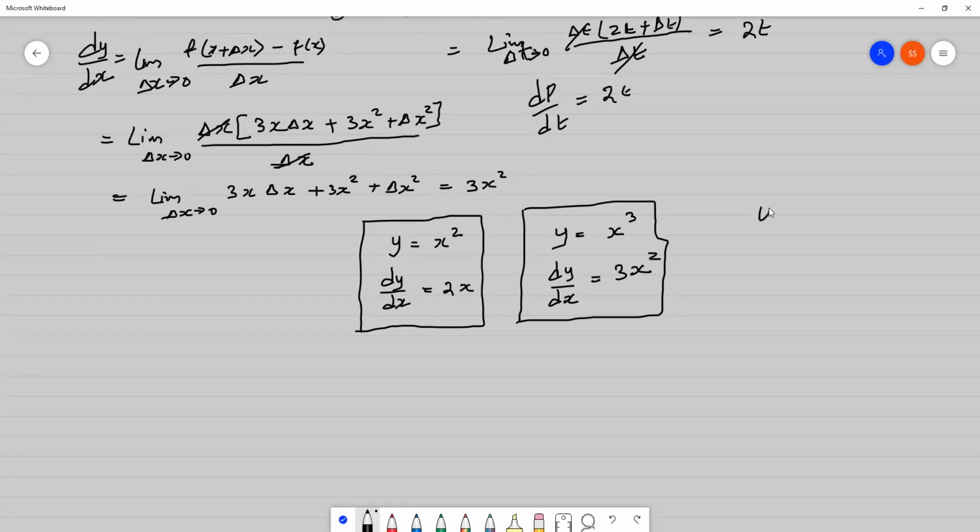So generally, if y is equal to x power n, y is equal to x power, it's a general number, you can prove dy by dx is n x power n minus 1. Now, all this stuff what I did is to make you understand what is dy by dx.